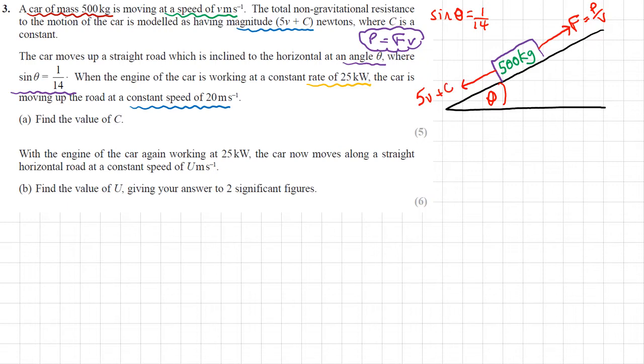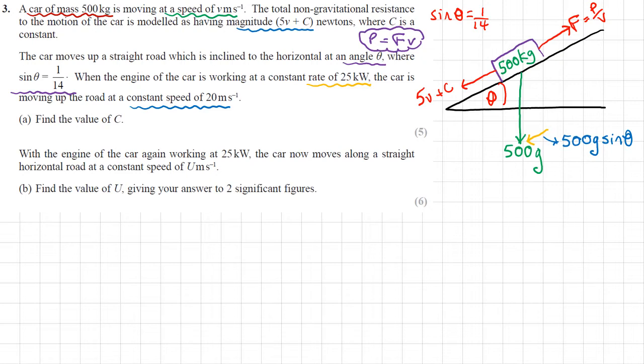Now we'll need to include the gravitational forces. So the weight is 500g. On these types of questions we've got a component here and a component here, and we are only interested in the component which is parallel to the slope or the road, and that's going to be 500g sine theta.